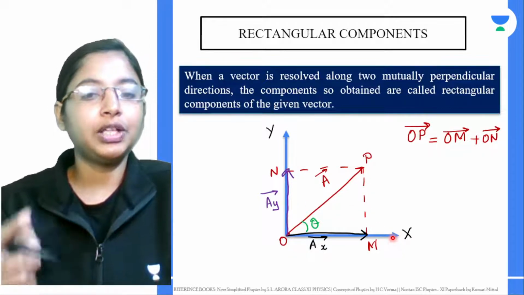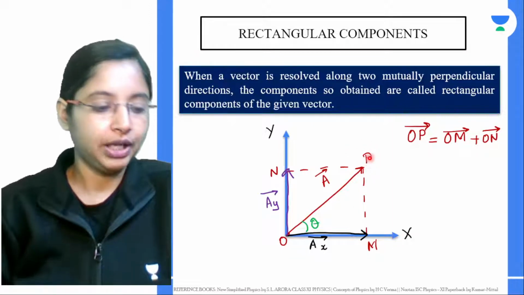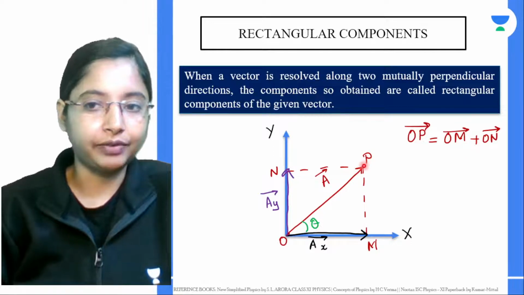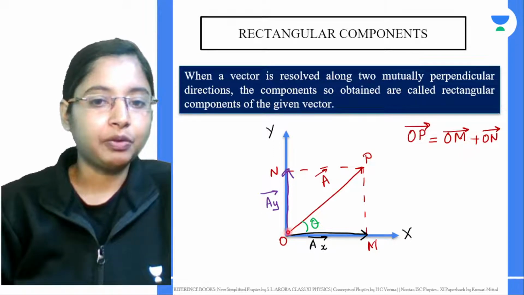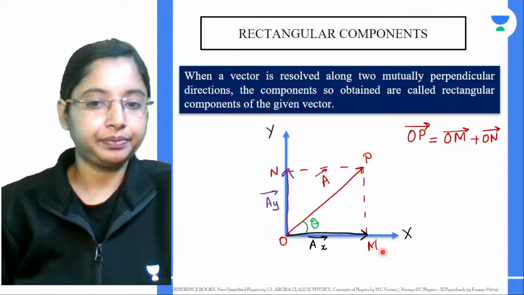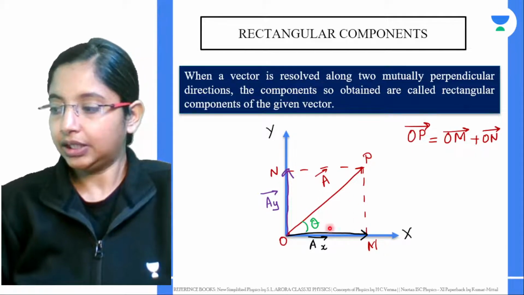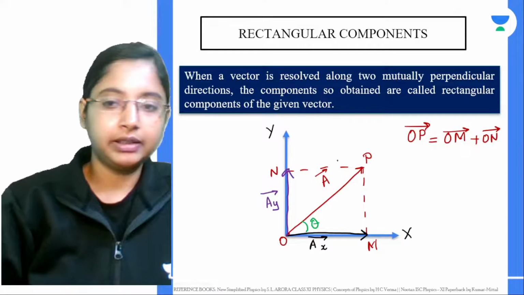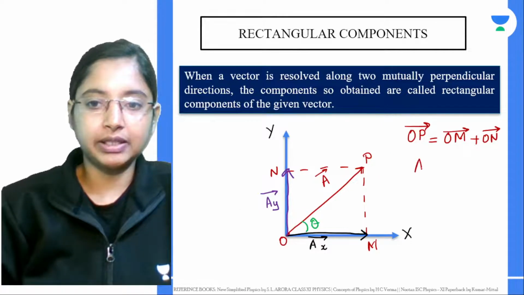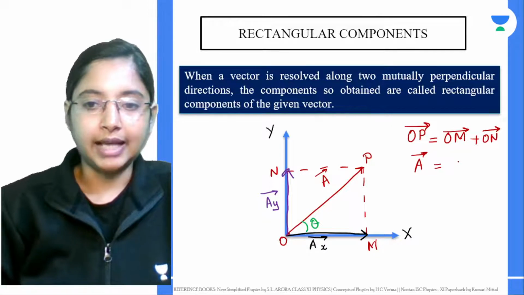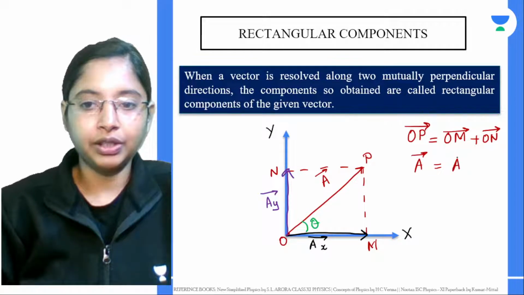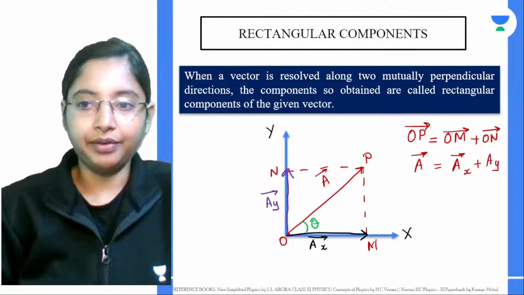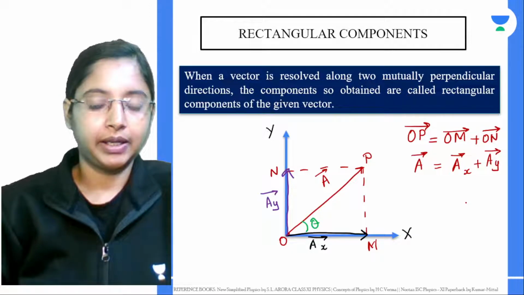From the parallelogram law of vector addition, the resultant vector is the sum of this vector and this vector. So the OP vector, which is your A vector, is the sum of the AX vector plus the AY vector.